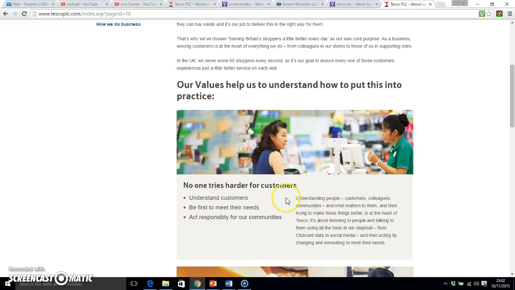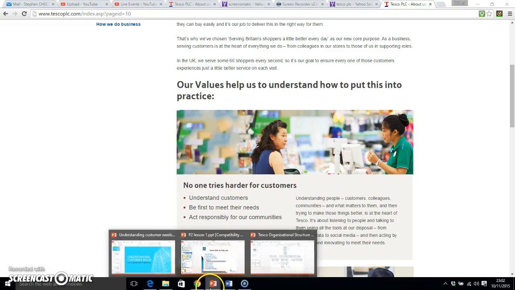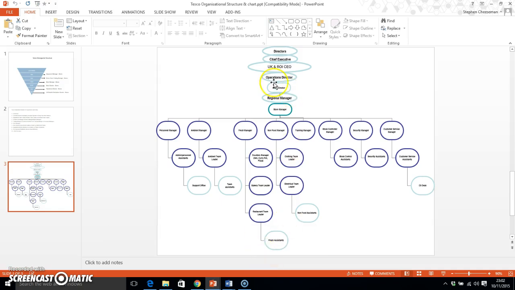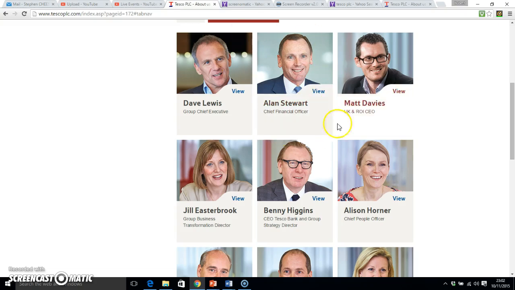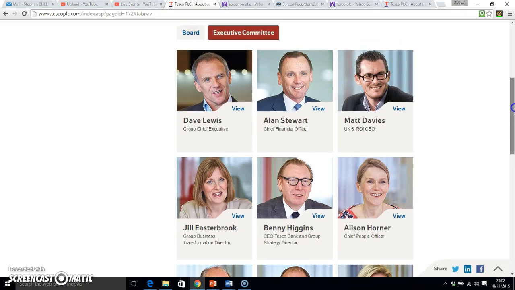However, if there's a problem with that objective, say people are struggling to deal with customers, then that will start to go back up the organisational chart again, and you need to describe how that will happen. It will ultimately get back up to this group, and they'll be meeting 3 or 4 times a week, and they will discuss, right, we've got a problem, we want to be making sure that no one tries harder for customers, but there's a real problem with our store assistants in that they haven't had great training.